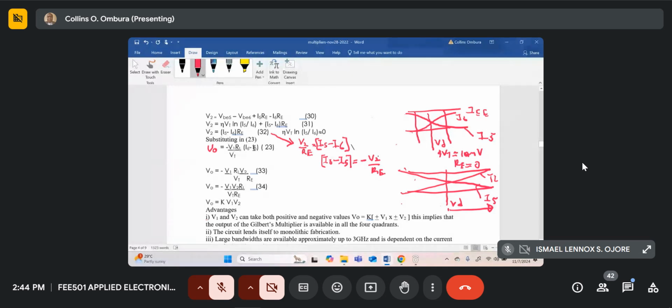I6 minus I5 is minus V2 over RL, then I get 23. So the overall result now is V naught is minus V1 V2 RL over VT RL.